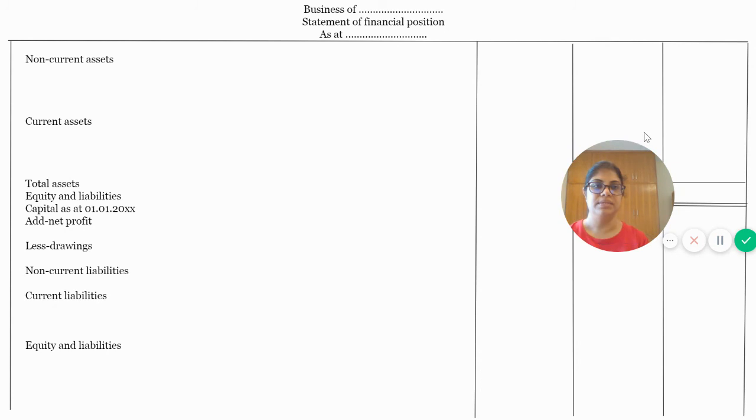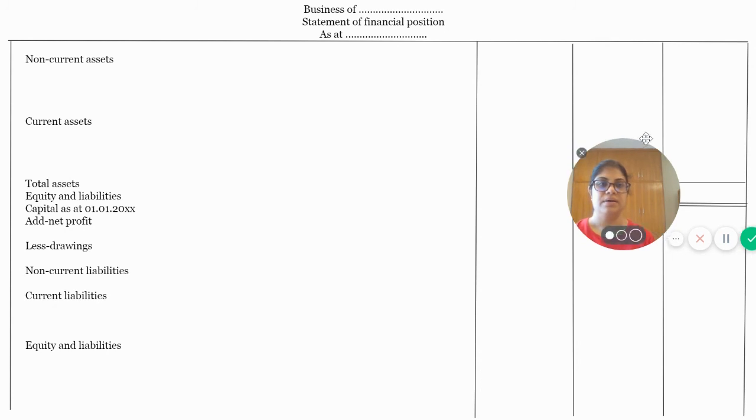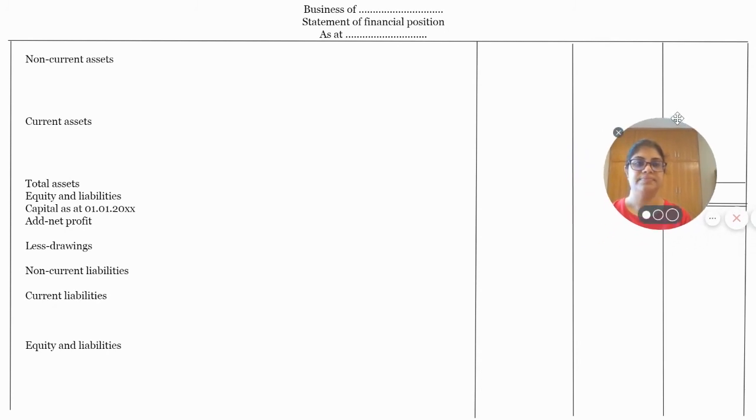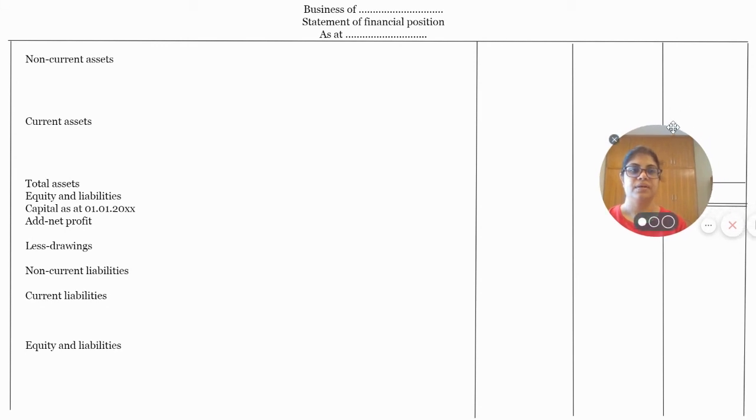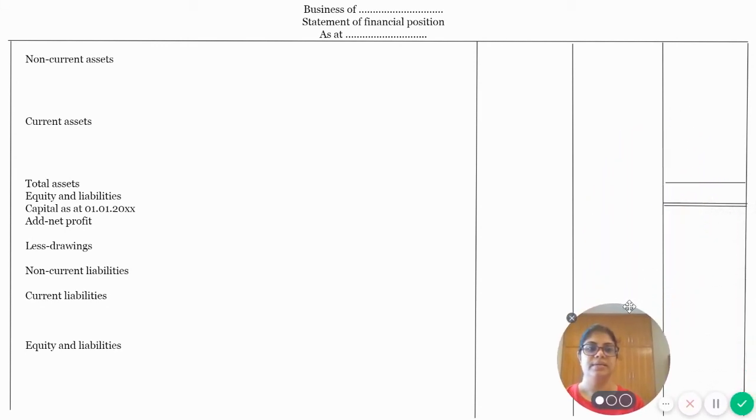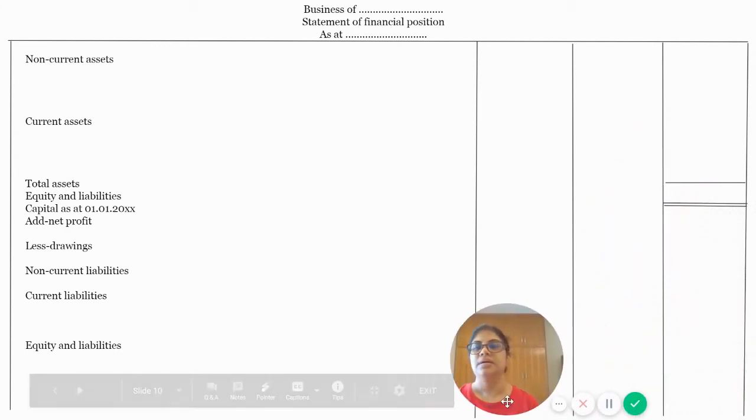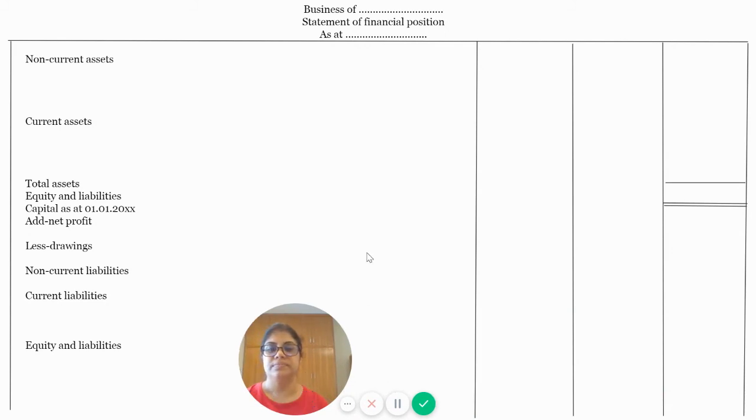When it comes to this format, always the total of non-current and current assets will comprise the total assets, and that will be shown in the third column of the statement of financial position.